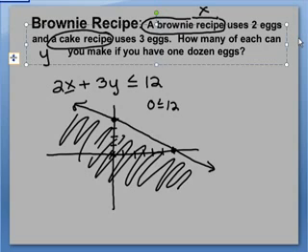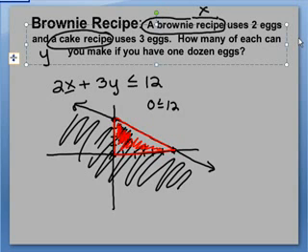That doesn't make sense. So really, it's only this region in here that makes sense. Maybe I'll change it to red. So anything in here or on the boundaries would be a plausible solution, because we can't make a negative number.